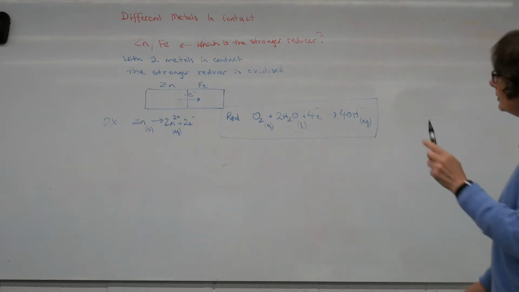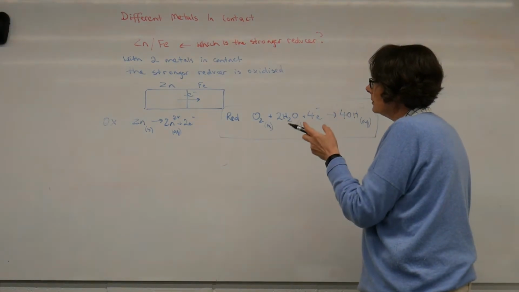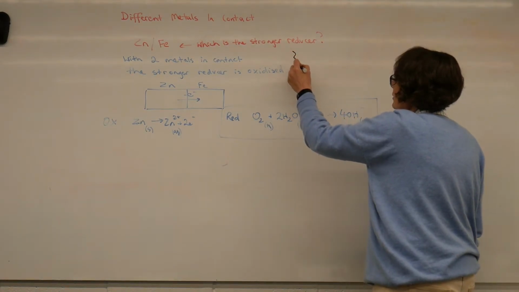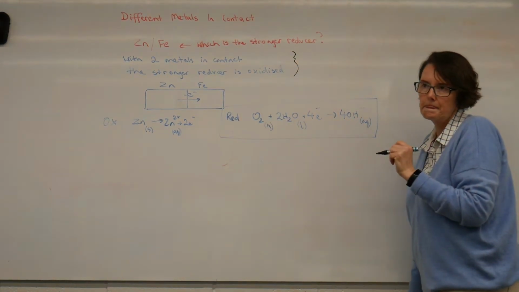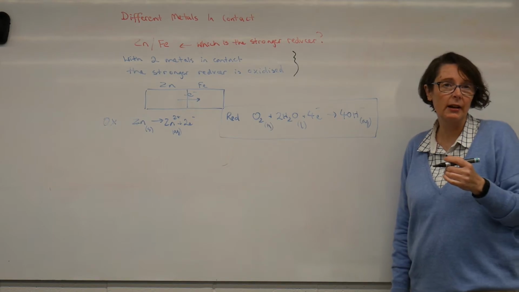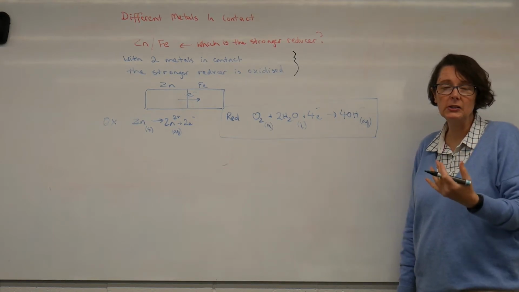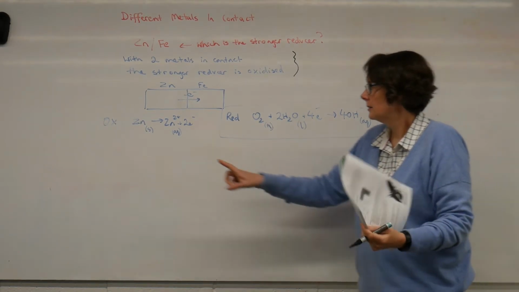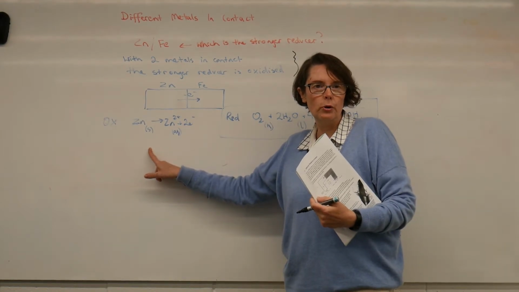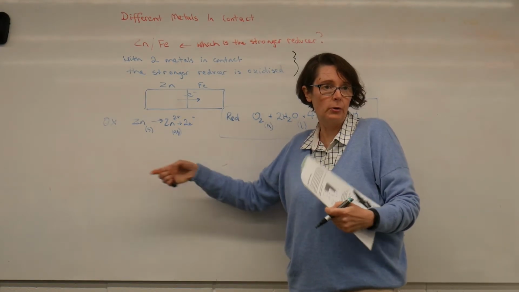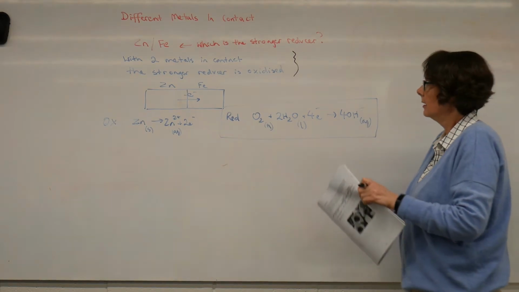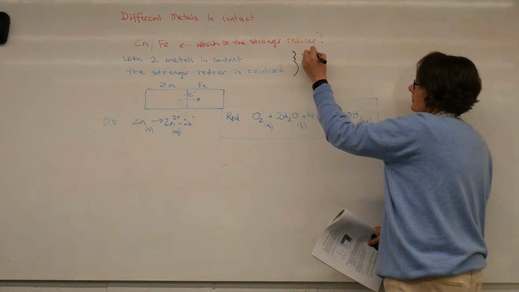Now, with these two metals in contact, the redox reaction is actually accelerated. This will happen faster than the oxidation of the zinc would have happened if it wasn't in contact with the iron. Does that make sense?